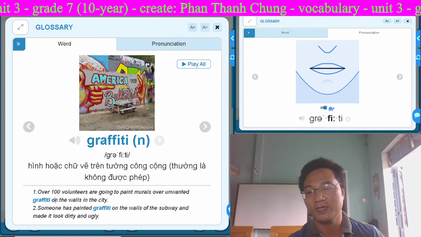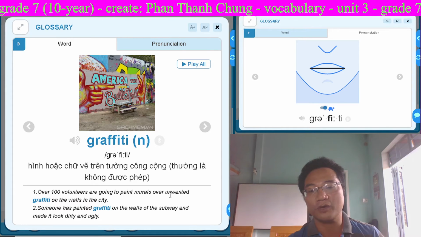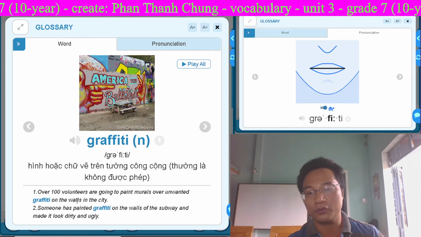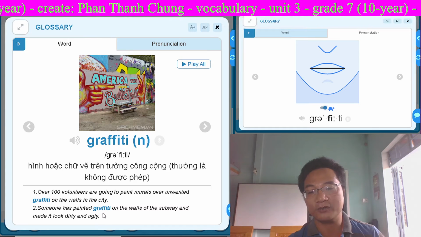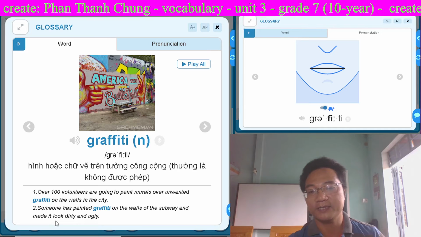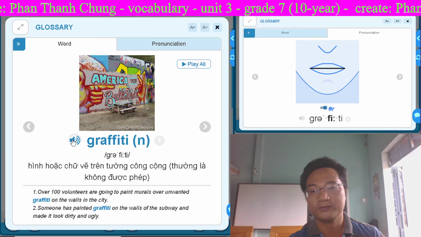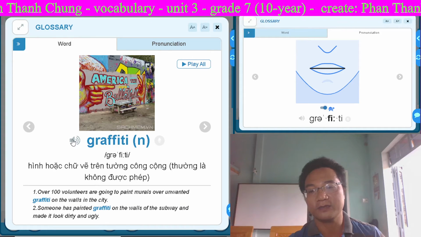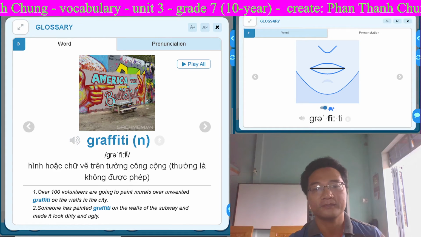So for example, over 100 volunteers are going to paint murals over unwanted graffitis on the walls in the city. Or someone had painted graffitis on the walls of the subway and made it look dirty and ugly. So, graffiti là hình, chữ vẽ trên tường công cộng, thường là không được phép. Go on.